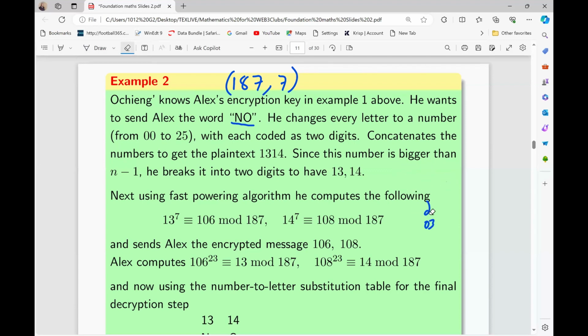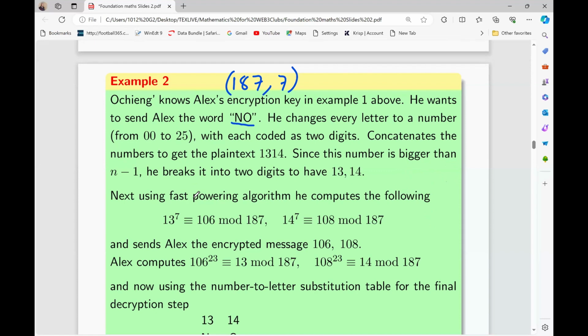Now, after converting, there is a condition when you are working this: the number that you want to send is supposed to be less than M minus 1, where M is our M, 187.